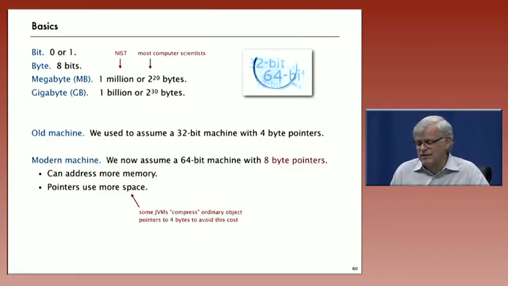And actually this transition caused a lot of problems initially because programs were using way more space than people thought they should. You're not going to have to go through this kind of transition the way that we did because 64 bits is definitely enough to address anything that you might need to address. 2 to the 64th is really a huge number.